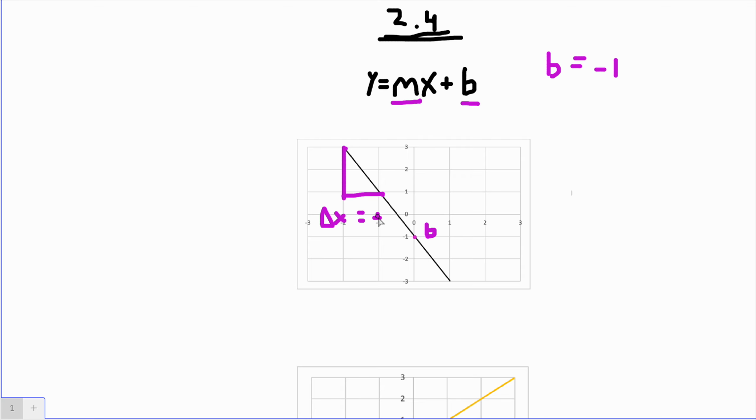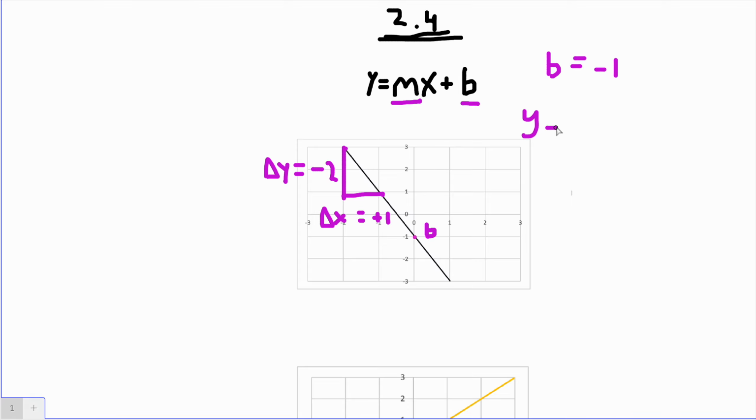So that would just be +1 because we've gone 1 forward. And when that happens, y went down by 2. So we have a slope of -2 over 1, which is just -2.